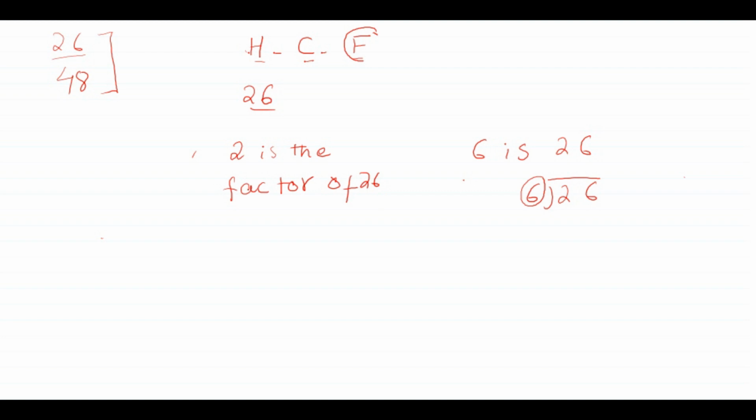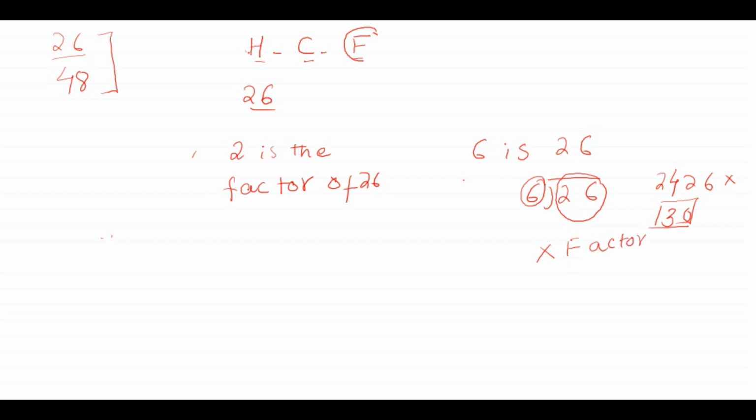Okay, so 26 is not in the times table of 6, because 6 times 3 is 18, 6 times 4 is 24, and 6 times 5 is 30. So there is no 26 in the 6 times table. So it means 26 cannot be divided fully by 6. So 6 is not a factor of 26.